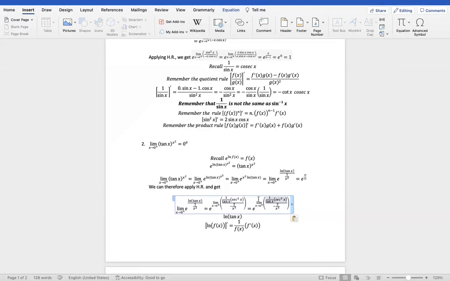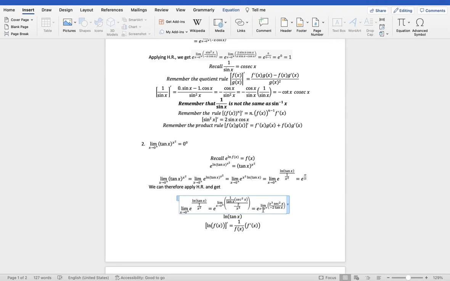And what we get in the numerator is x cubed multiplied by sec squared x, divided by minus 2 tan of x. Right. And that's as far as we can go.